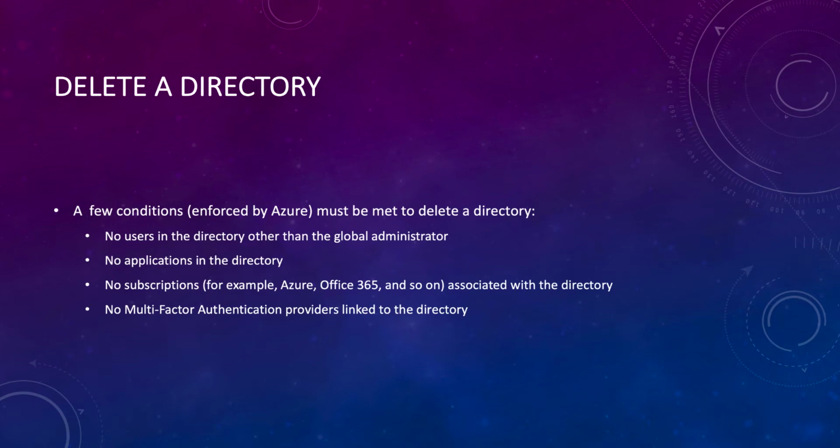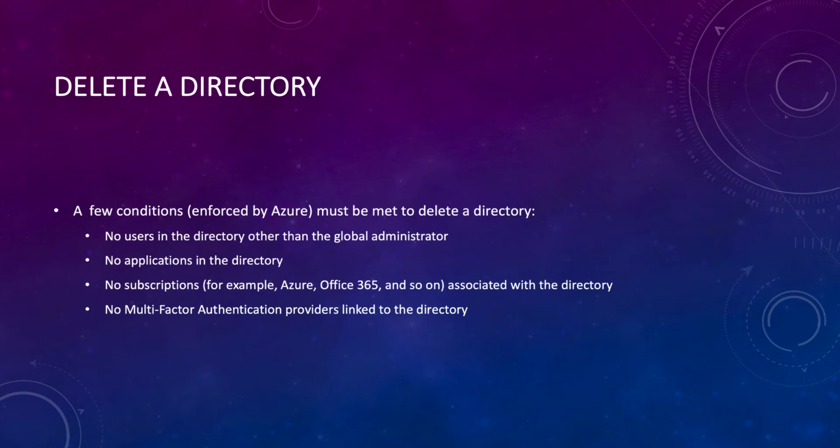Because deleting a directory is a potentially significant action, a few conditions which are enforced by Azure must be met to delete a directory. Those are: no users in the directory other than the global administrator, no applications in the directory, no subscriptions in the directory or associated with the directory, something like Azure, Office 365, and so on, and finally, no multi-factor authentication providers linked to the directory.